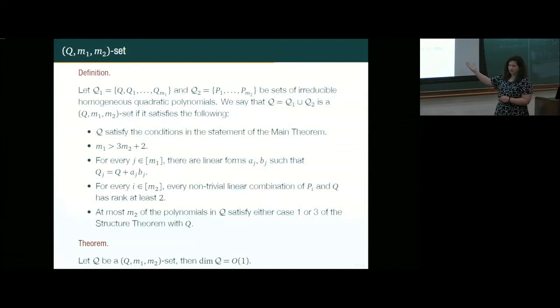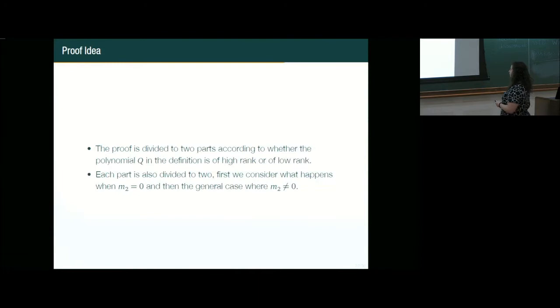The idea is to bound their dimension first, and then I get that the dimension of most of the polynomials, like 80% of the polynomials, is bounded. And then I work hard and get the dimension of the rest. If I have this huge structure on 80% of the polynomials, then I get the bound for the rest.